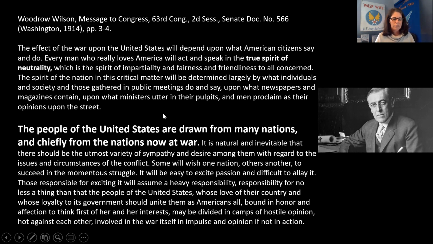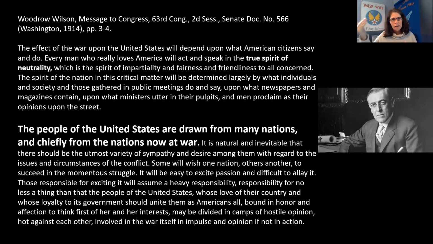He wants the United States to stay neutral. The Americans need to stay neutral in their actions, but also in their thoughts, in the spirit of impartiality, the spirit of fairness and friendliness to all concerned, the spirit of the nation, right? So it's not just enough to be neutral in action, but we also have to be neutral in thought.